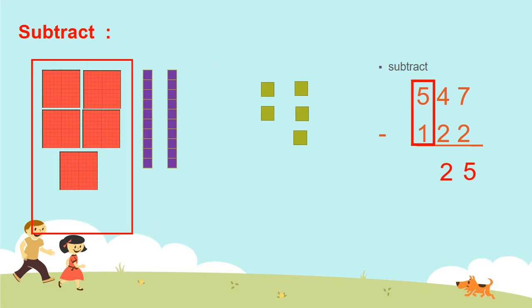How many do we have? 5. And we want to remove 1. So let's remove 1. How many do we have? 4. So the result of subtracting from 547 the number 122, we get 425.